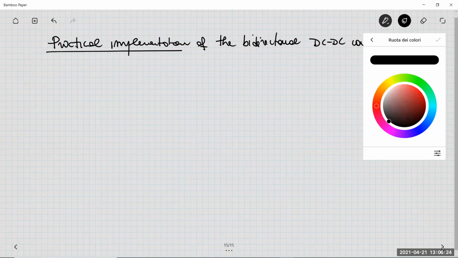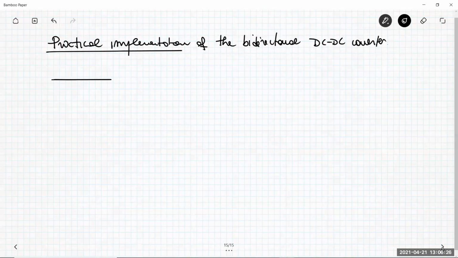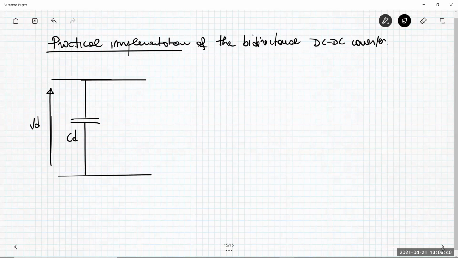In practice, you can implement the bipositional switch, so the switching power pole, with transistors. Suppose that this is the voltage port, where you have VD, and then you have the bipositional switch. Let me consider IGBT.